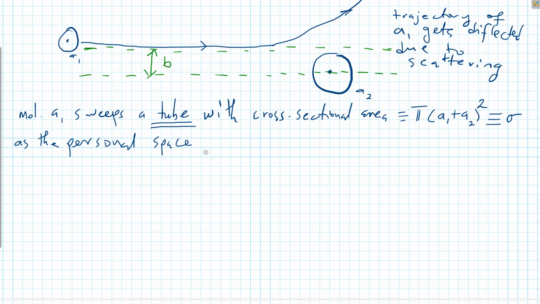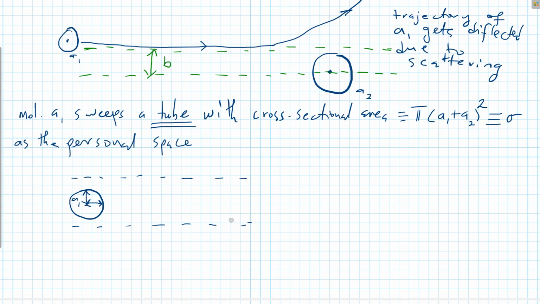And this is better seen by sketching. Let me sketch something here. So we have A1 again. This is molecule A1 with radius A1. And as it moves, it's going to make some imaginary tube.